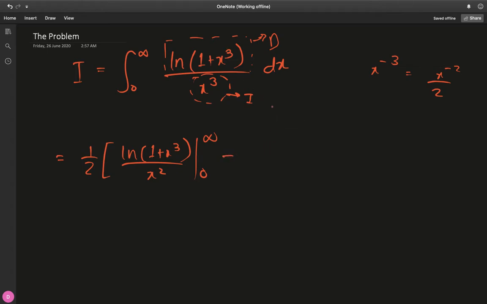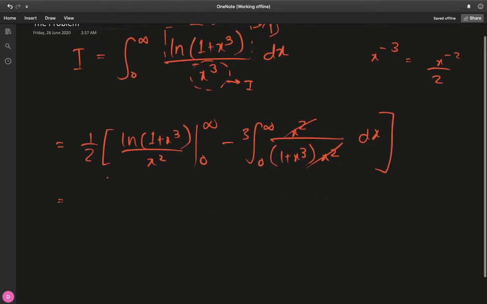Minus the derivative of this: integral from 0 to infinity of 3x squared divided by 1 plus x cubed times this original x squared dx. The best part, both of them will cancel out, giving us half of natural log of 1 plus x cubed divided by x squared evaluated from 0 to infinity.